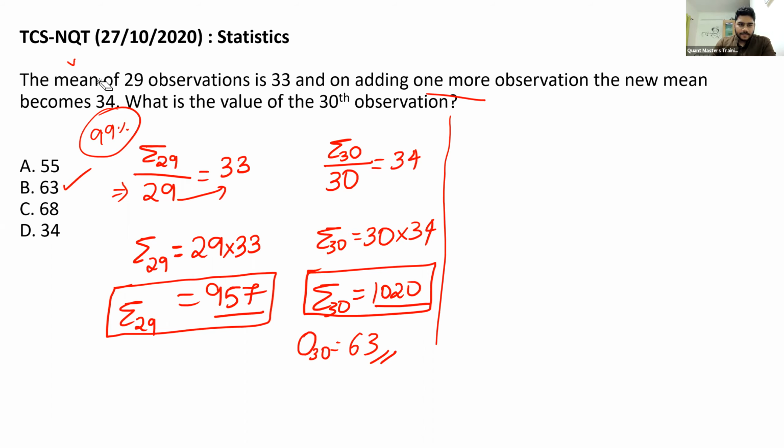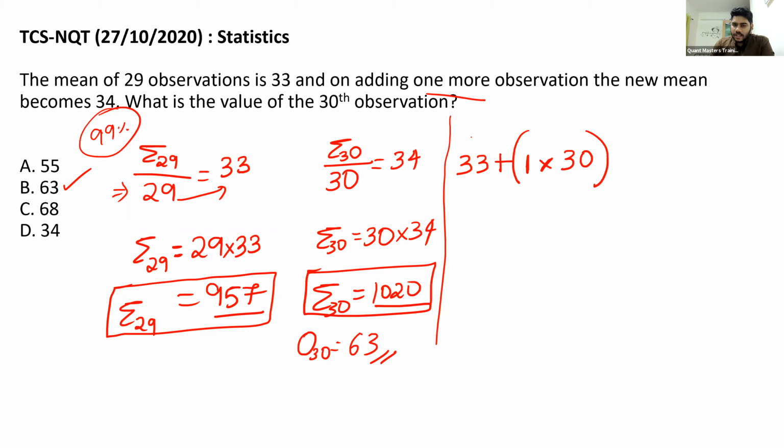Look at this. The mean of 29 observations is 33. Sir, even if the 30th observation was 33, the average would have been the same. But what is happening? Average is increasing by 1. On how many observations, sir? Initially 29 were there, now added 1 means now average is increasing by 1 on 30 observations.